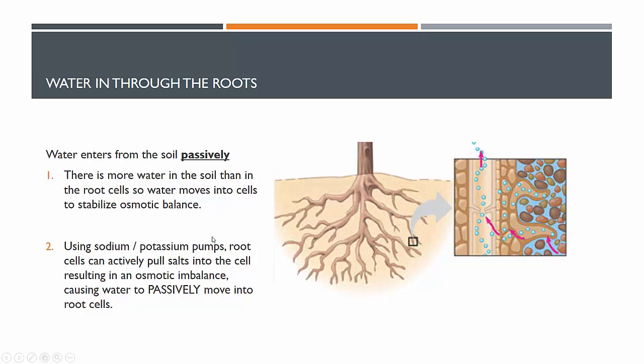But if that isn't the natural state of things, if there's not much water in the soil, the plant can actually force water to move in by actively pulling salts through sodium-potassium pumps into the cell, creating an osmotic imbalance, and this causes water to passively move into the cell. So despite the process of pulling salts into the cell being active, water moves passively.